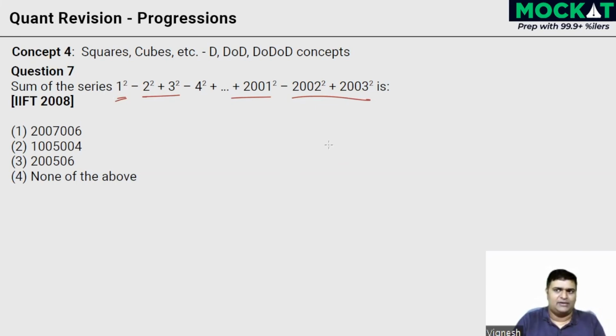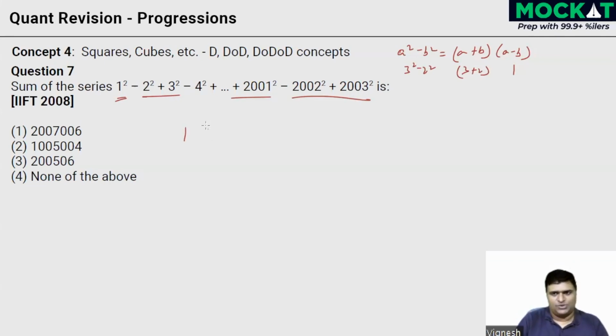But what is the pattern over here? What is the standalone 1 square? That's a 1. What is 3 square minus 2 square? A square minus b square is a plus b into a minus b, right? If I'm taking adjacent squares and subtracting, this 3 minus 2 becomes 1. This is nothing but 3 plus 2 into 3 minus 2, that becomes 1.